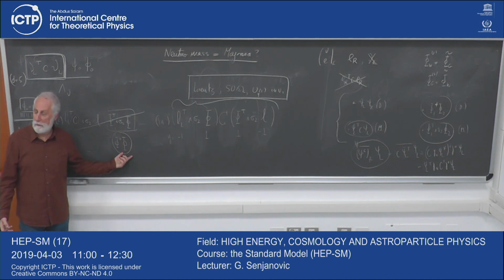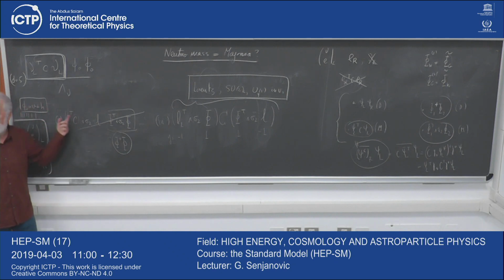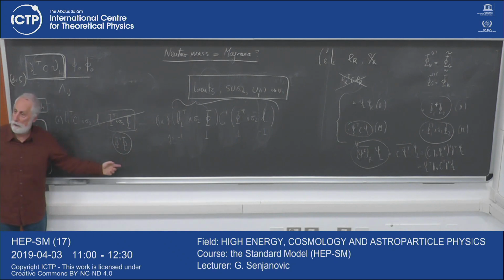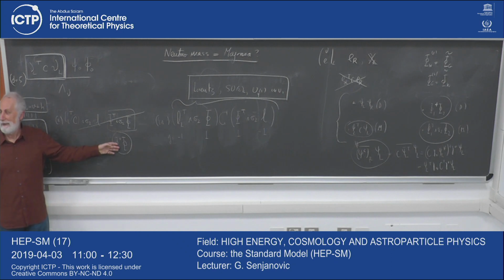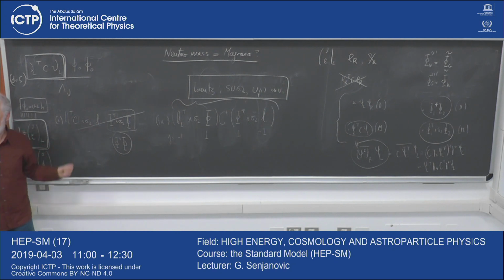I can do that, this is invariant, however this is not invariant, therefore I can't make an SU2 cross U1 invariant. Oh, I was implicit here, I'm glad you asked. Really, I should have said, let me try this. Of course, this will not compensate for the hypercharge. And even for the SU2, this carries both SU2 and hypercharge. This guy is not a singlet of SU2. It looks like. But sorry, no, hypercharge.